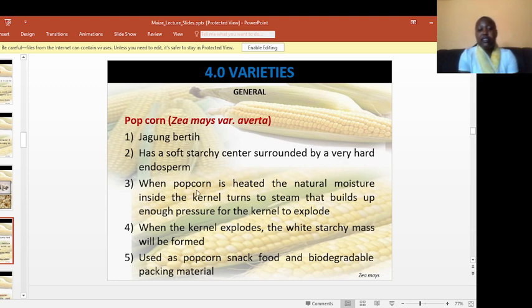When popcorn is heated, the natural moisture inside the kernel turns to steam that builds up enough pressure for the kernel to explode. When the kernel explodes, a white starchy mass is formed, used as popcorn snack food and biodegradable packing material.